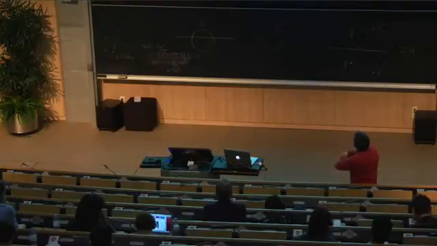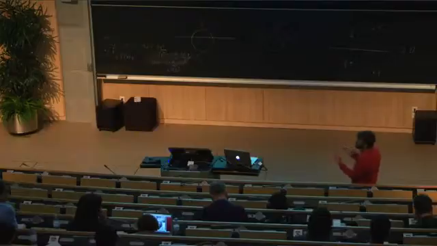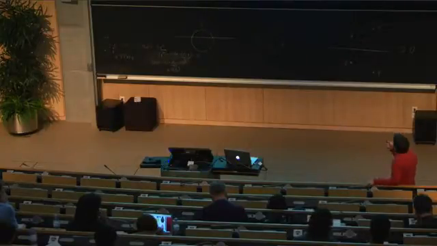So here I'm just recounting these questions. Is this series convergent? On the one hand, it's kind of obvious that it should converge, because this series represents the 4-point function, and the 4-point function is a finite object, so this series better converge.